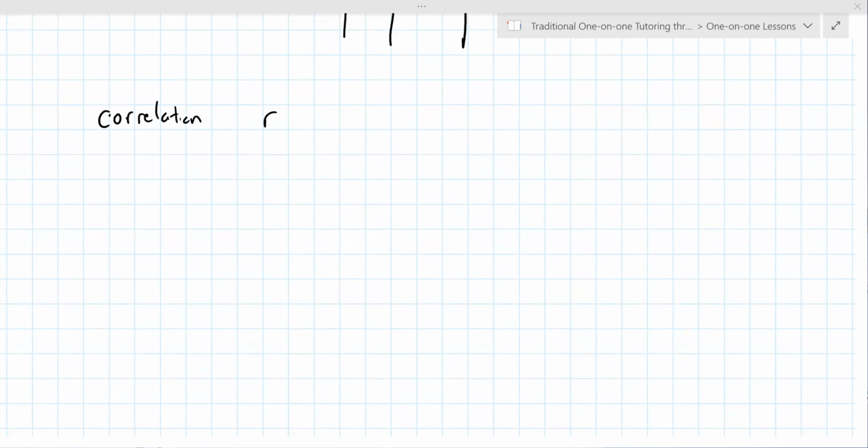Yeah. Now there is a formula for R. It's quite horrific when you see it for the first time. Yeah, it's really like the 1 over n minus 1. There's a lot there. It's the average of the products of the z-scores for each individual.